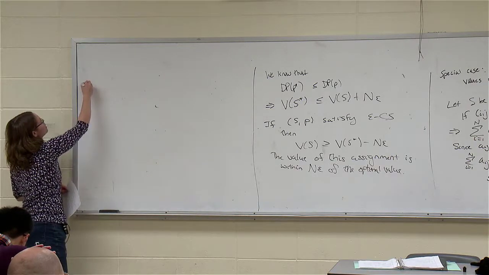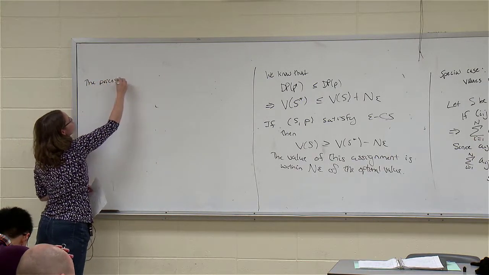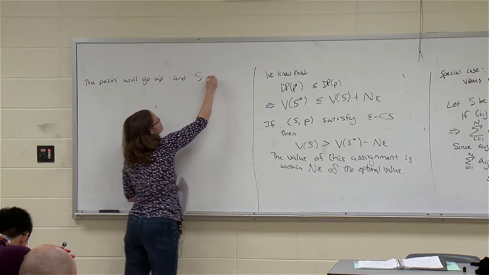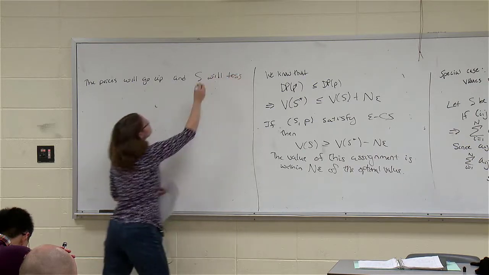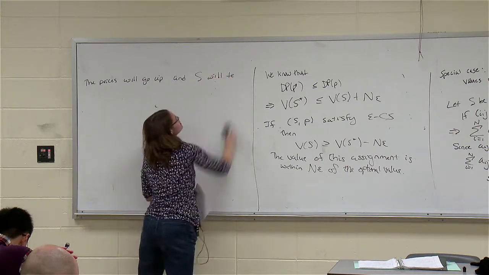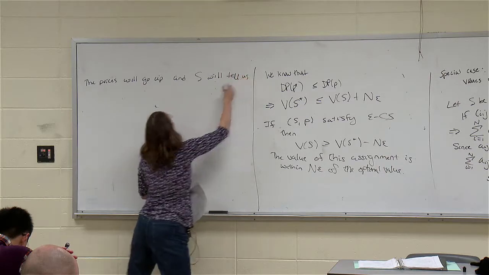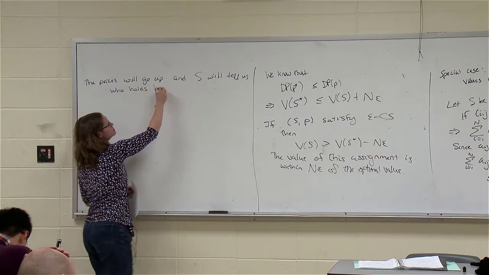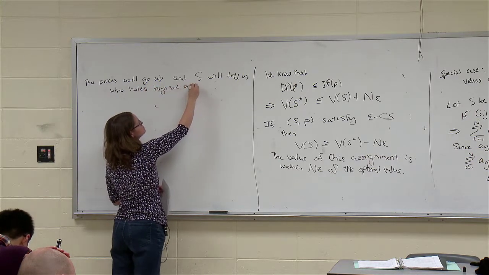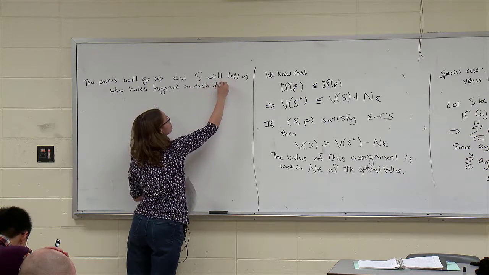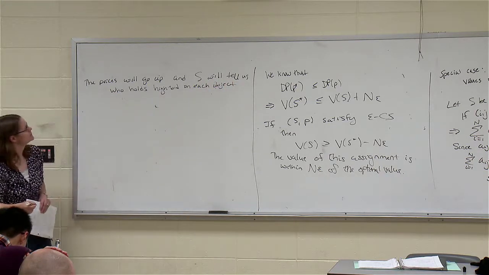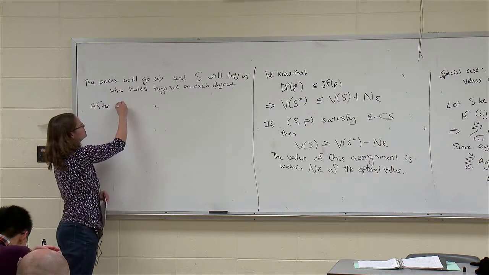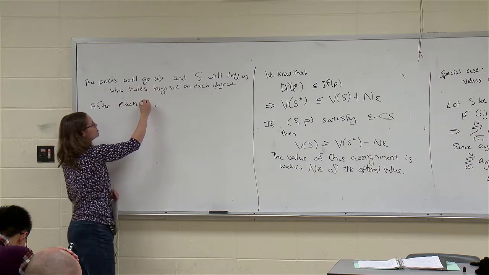Okay, so the prices will go up as people bid, and S will tell us who holds the high bid on each object. And hopefully this will happen after each round. We want to still preserve this epsilon complementary slackness.